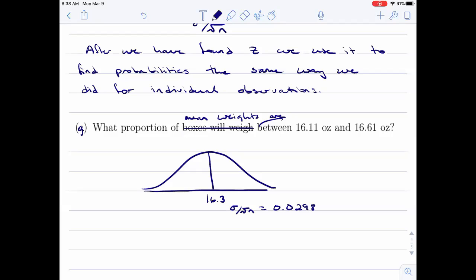So if I want between 16.11, I'll put that somewhere here, and 16.61, somewhere around there, I want to know what that area is.